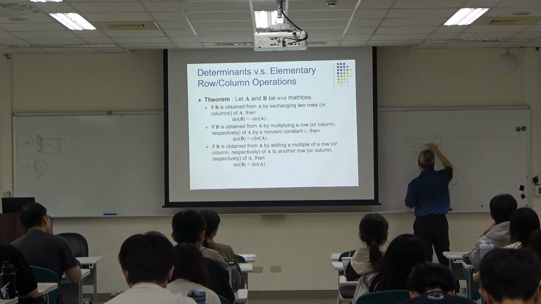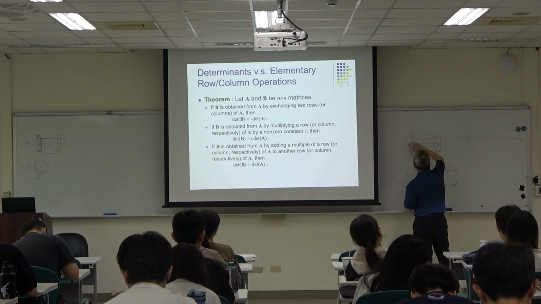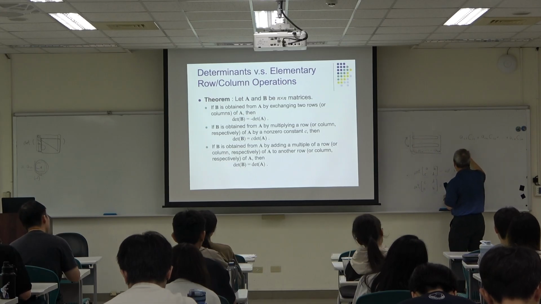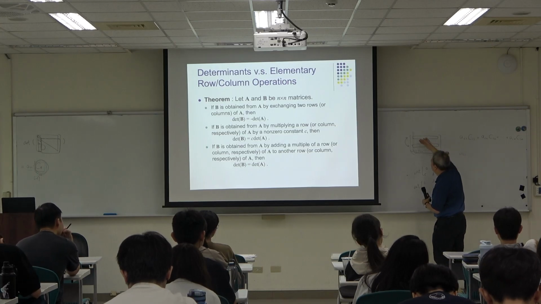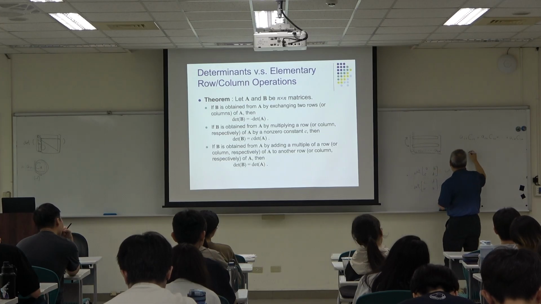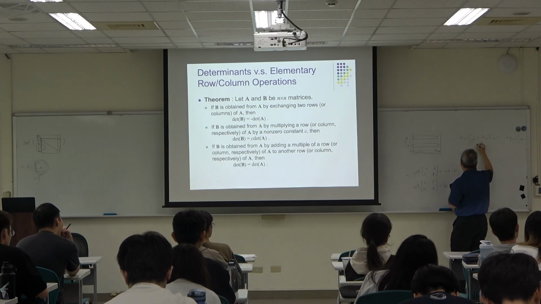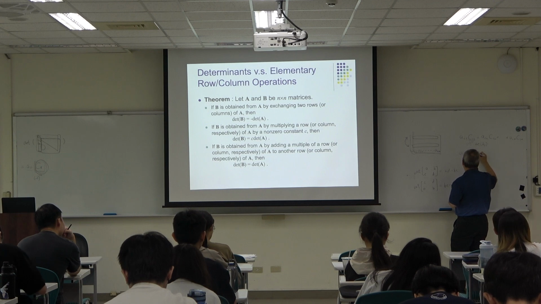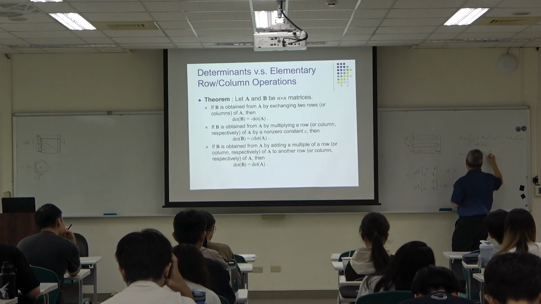But if you get rid of this row and this column, and you exchange these two rows, you get negative 1 to the power I plus 1 times the determinant of that, times AI1.